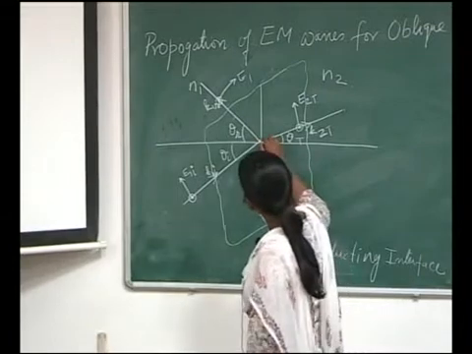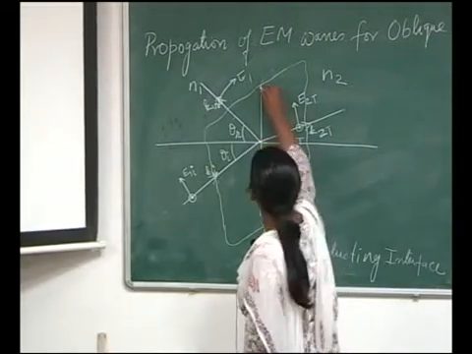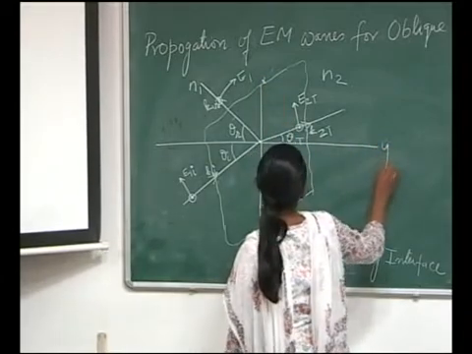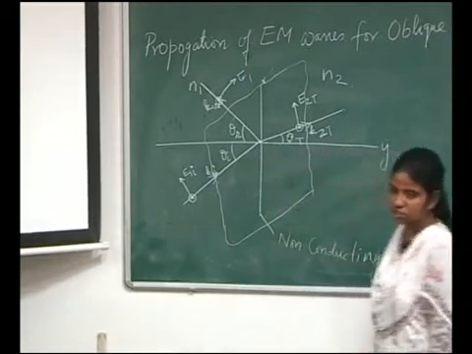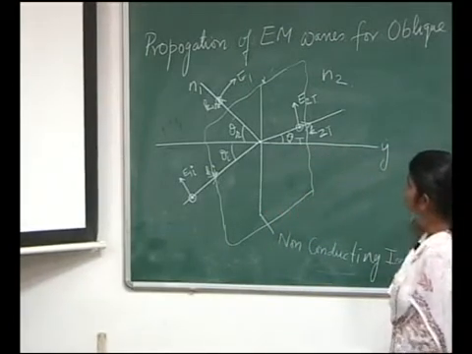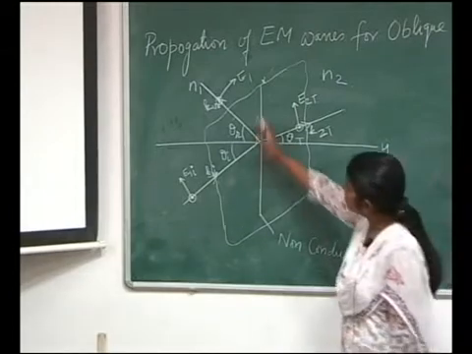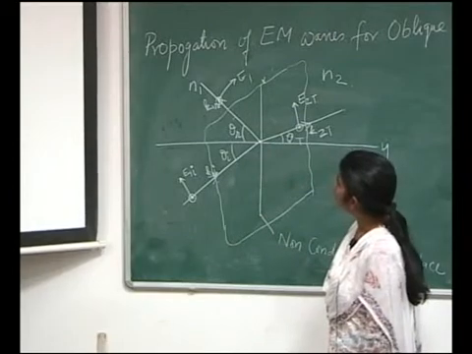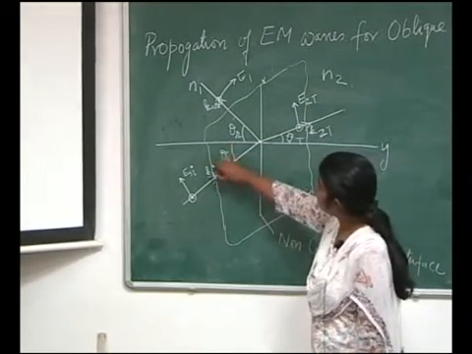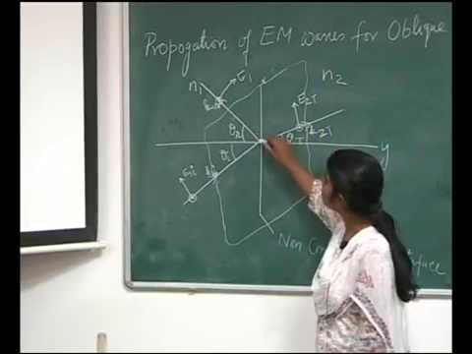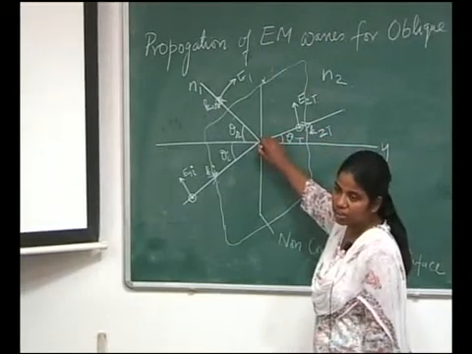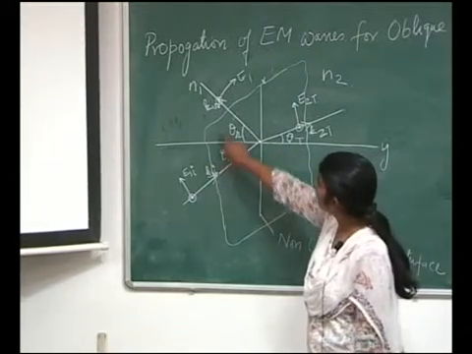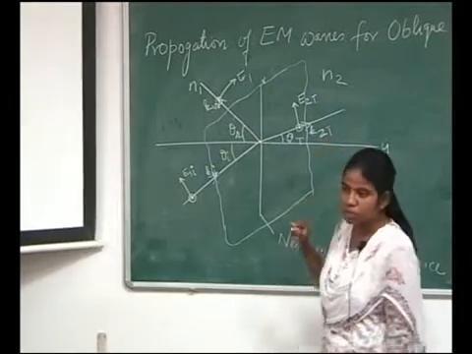At z equal to 0, I assume that this direction is x and this direction is y, and K1 is along the z direction. Along this plane, the x-z plane, the values of K1I, K1R and K2T should be equal at z equal to 0, that is at the origin. To ensure continuity, the values of K1I, K1R and K2T should be equal.